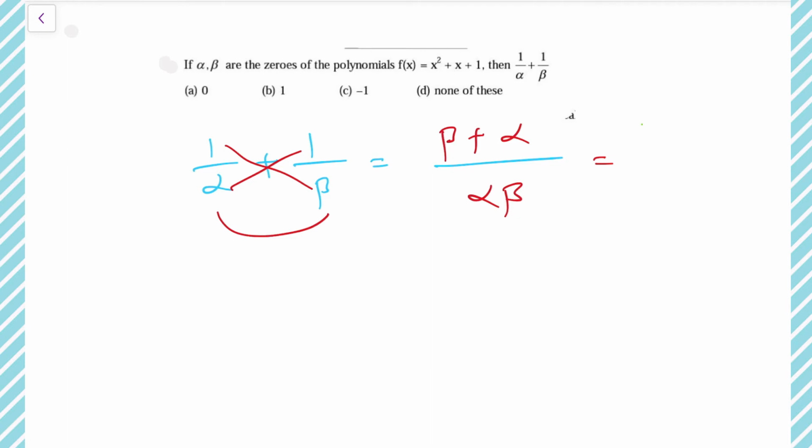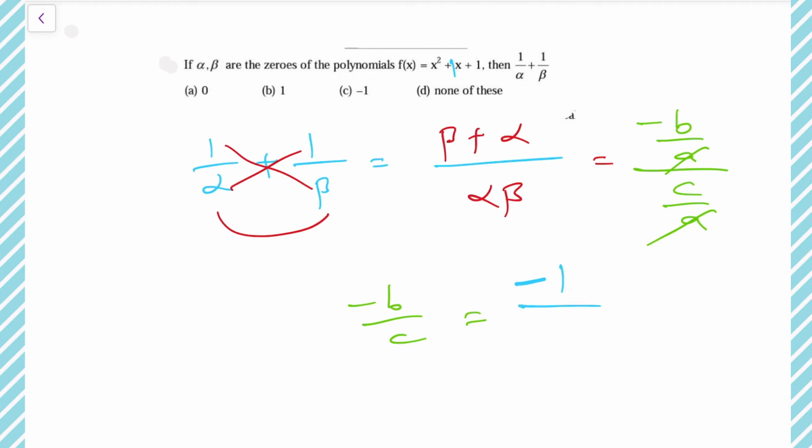What is the formula for the sum of the zeros? That is minus b by a, divided by alpha into beta, that is c by a. The a's cancel. Then finally we remain with minus b by c. So minus as usual. B is nothing but the x coefficient. Here before x nothing is there, so it is 1. C is nothing but the constant. So the constant is also 1. Minus 1 divided by 1 is minus 1. So option C is the correct option.